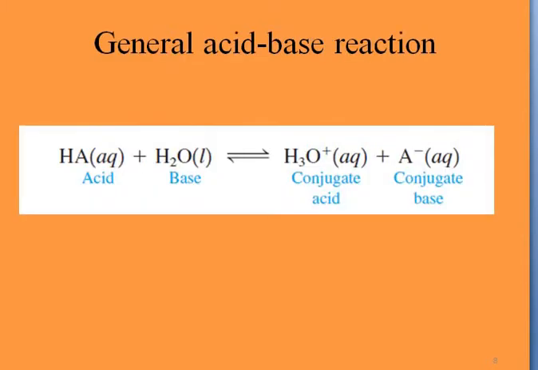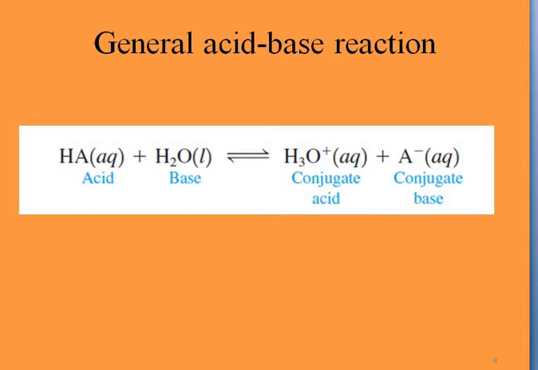If we see the general acid-base reaction, we have HA plus H2O, which gives us H3O plus and A minus. The first two are the reactants: the acid, and in this case water is the base. When they react, the acid is the proton donor, so it gives the proton H plus to water, and water becomes H3O plus.